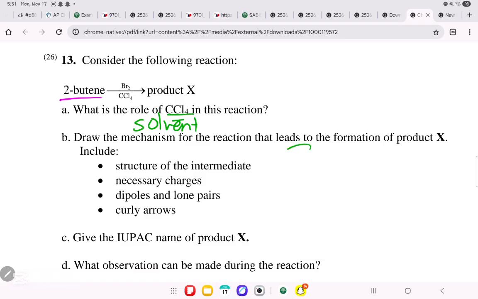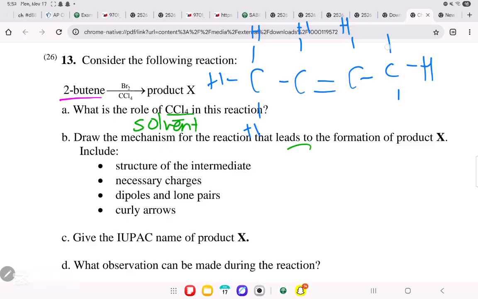Okay, so we have two steps. First step that we're going to draw is the 2-butene. So we have butene 1, 2, 3, 4. So 2-butene is over here. And then we have 1, 2, 3, 4, 5, 6, 7, 8 hydrogens. Right? Now what do we have?